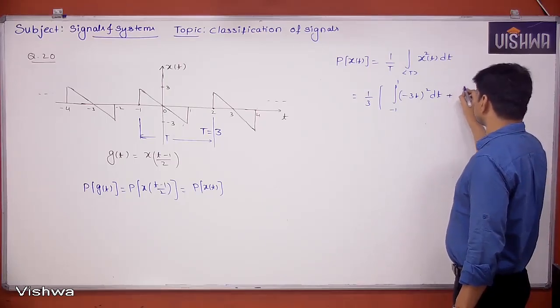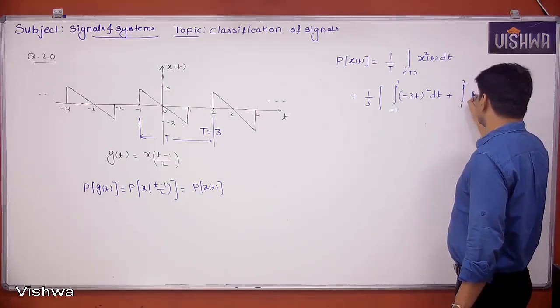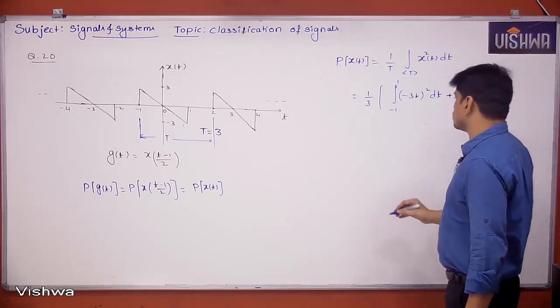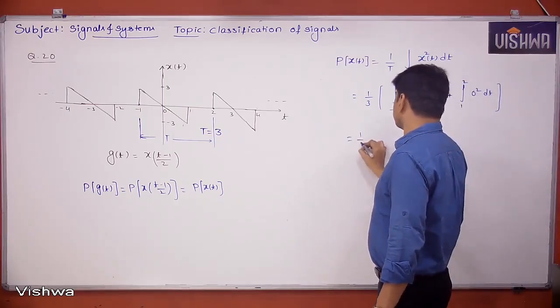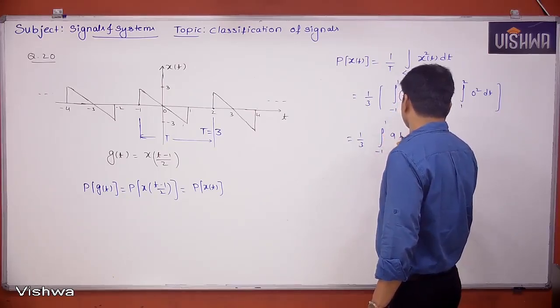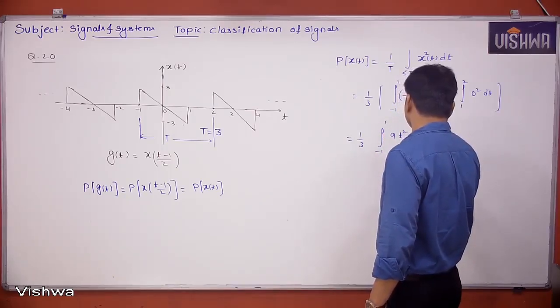Plus from 1 to 2, it is 0 square dt. So if you solve this, it is 1 by 3 integral from minus 1 to 1 of 9 t square dt.